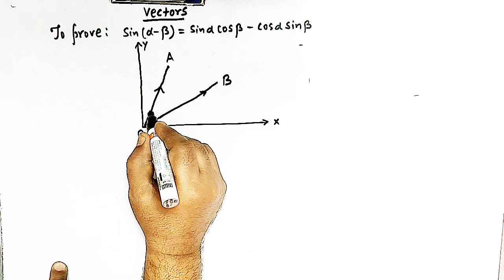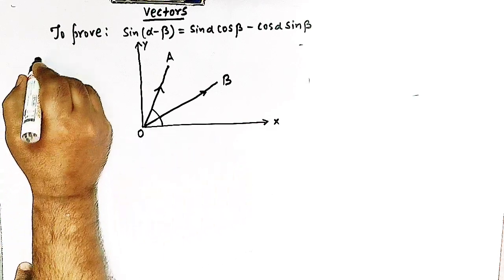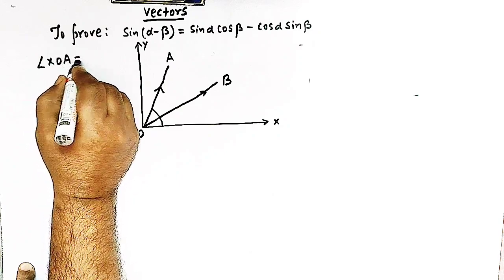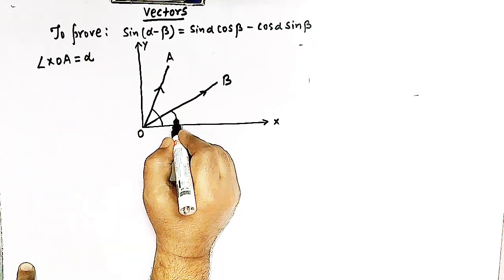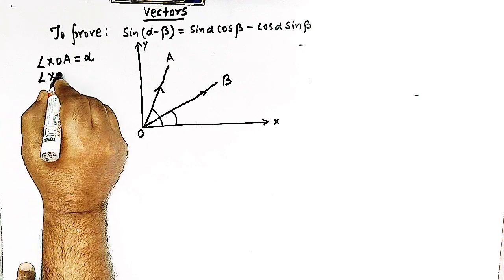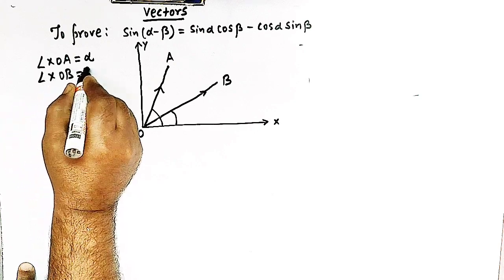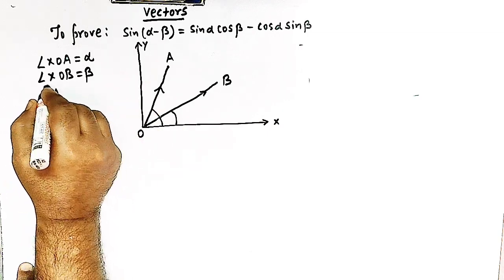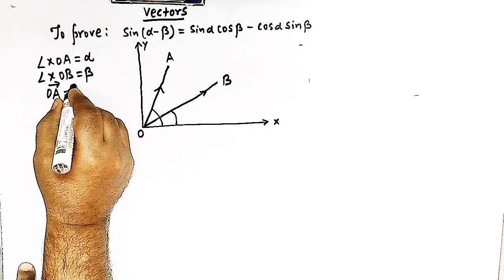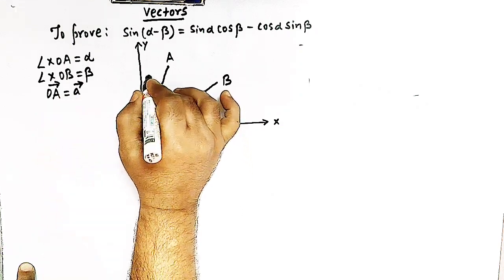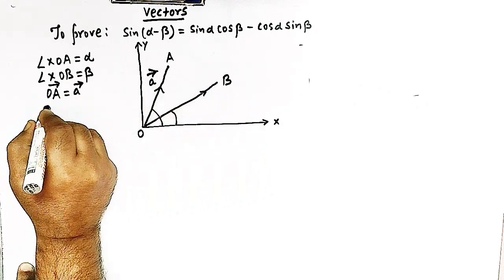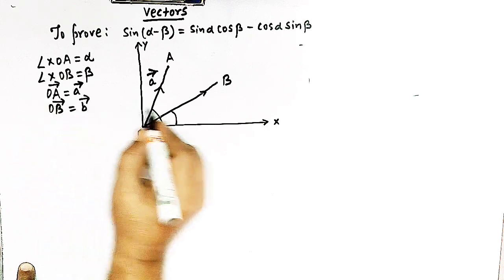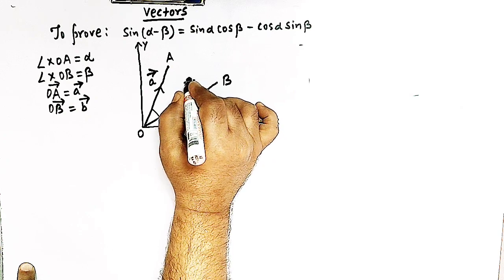So now let us consider this angle, that is angle XOA is equal to alpha, and this angle, that is angle XOB, as beta, right? So here we'll take vector OA as vector A, and we'll take vector OB as vector B. So here we have a vector B.